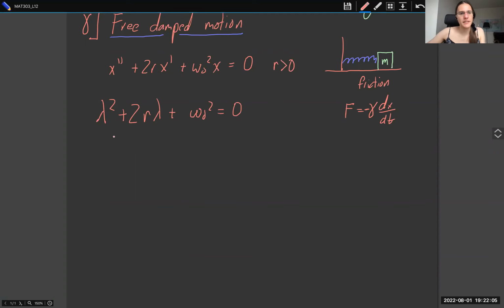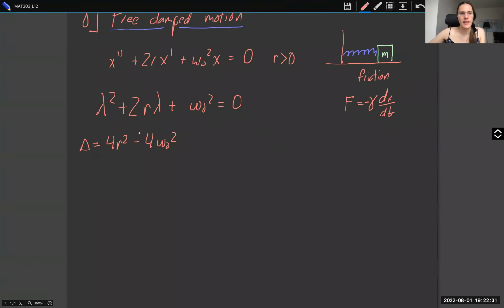And so the discriminant of this polynomial is b² − 4ac, so 4r² − 4ω₀². So this is why we have the 2r here. And so basically what we have is cases.